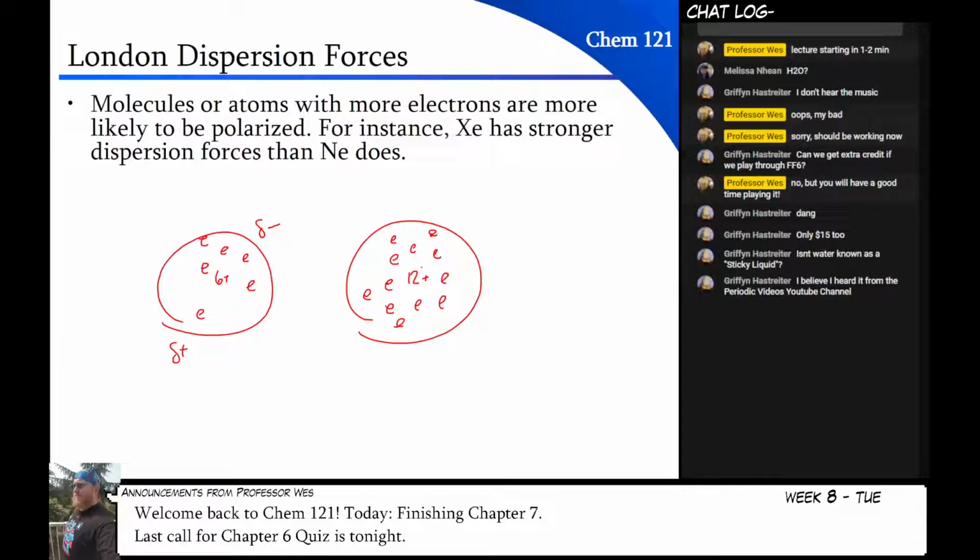But with something like this, to get an uneven distribution of electrons, it's more likely that this is going to happen just by virtue of there being more electrons. All I can do is move one over, right? 1 or 2 or 3. And the odds of that happening are increased if you have more electrons. If I have 100 electrons, what are the odds that 3 of them are going to be on the same side? A lot better if I could just pick any 3 and there's 100 to pick from. Certainly a lot better than if I only had 3.